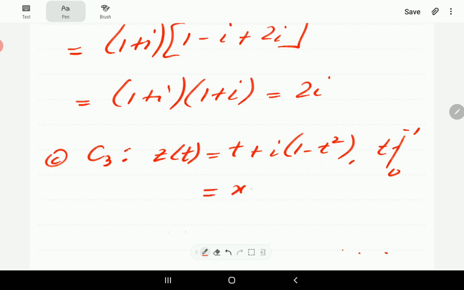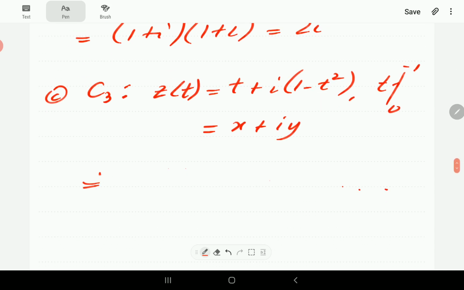Since z is x plus iy, what this is telling us is that if you compare the real parts, x is going to be t, and the imaginary parts, which are the coefficients of i, y is 1 minus t squared.